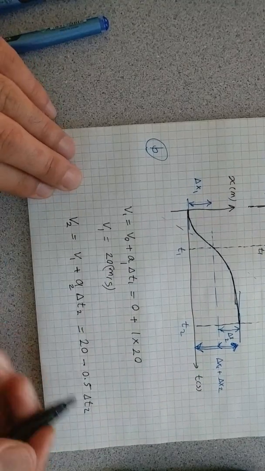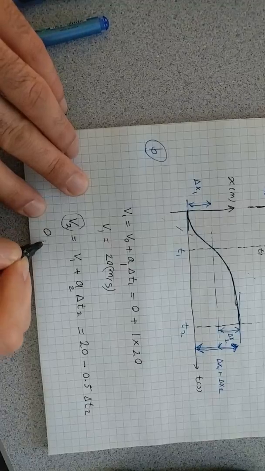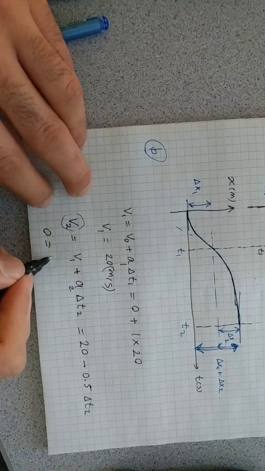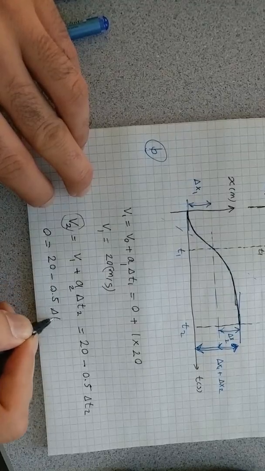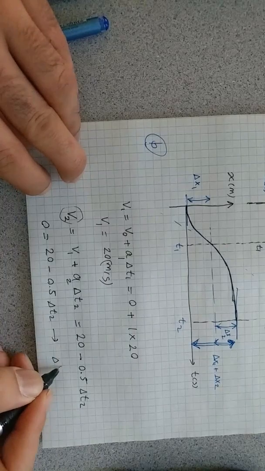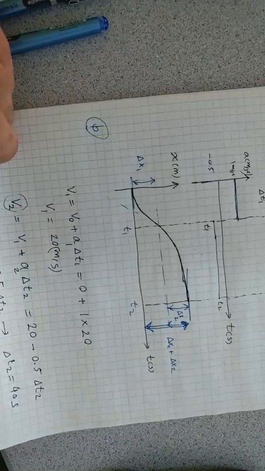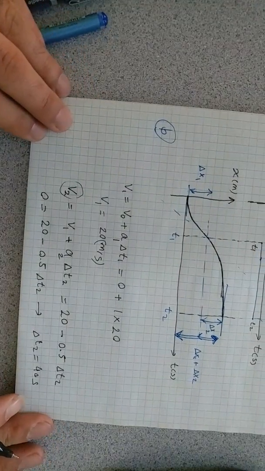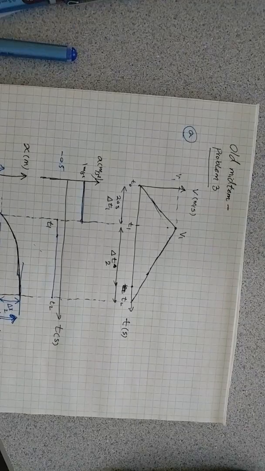But we also know that v2 has to be 0 because it stops there. So 0 equals 20 minus 0.5 delta t2. If you do the calculation, delta t2 would be 40 seconds. Okay, I hope this makes sense, and I should post this on Canvas.